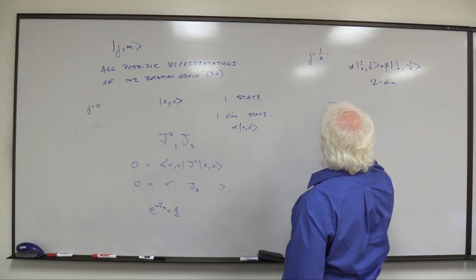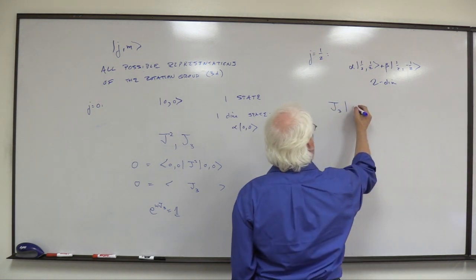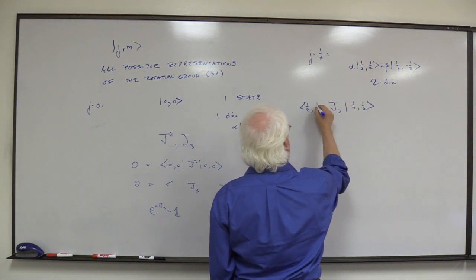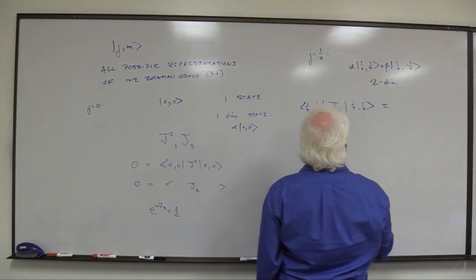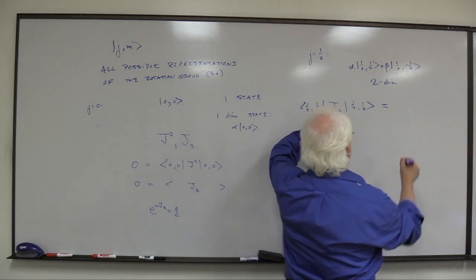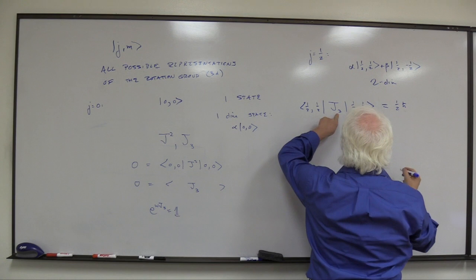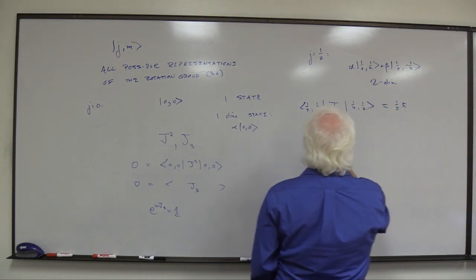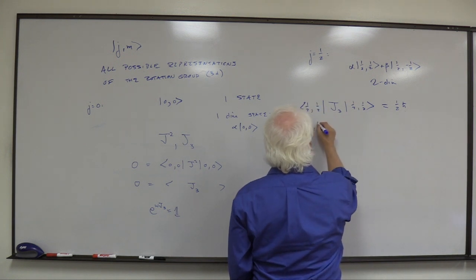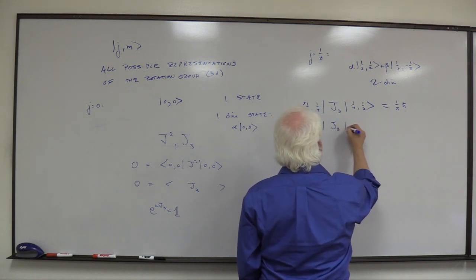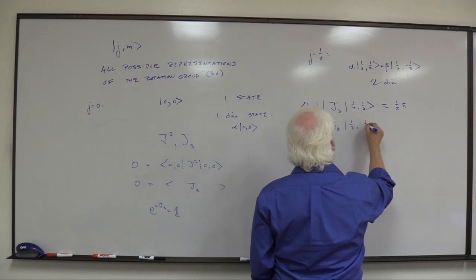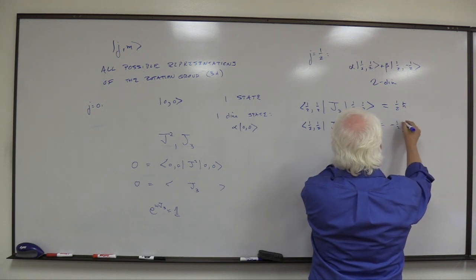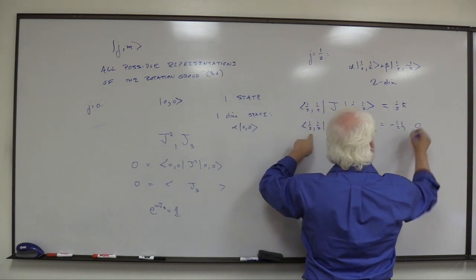Well, let's look at J3. Between all possible pairs, so 1/2, 1/2, J3, 1/2, 1/2, that's going to pull out 1/2 h bar, and if these are normalized states, just give 1. If we look at 1/2, 1/2, J3, 1/2, minus 1/2, that pulls out the minus 1/2 h bar, but these two states are orthogonal, so I get 0.